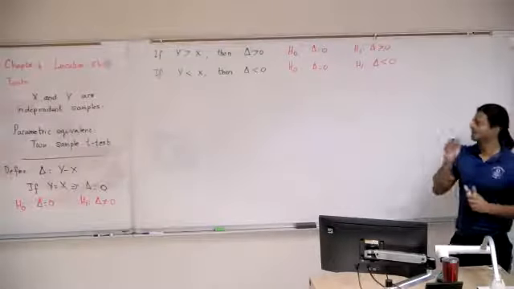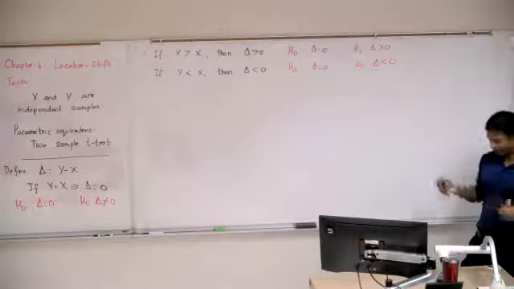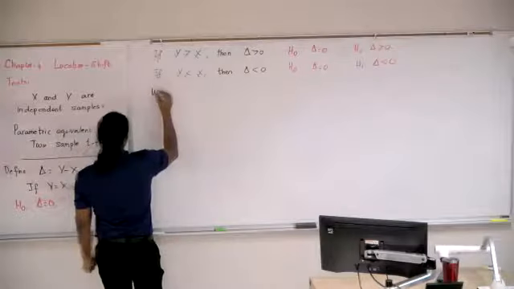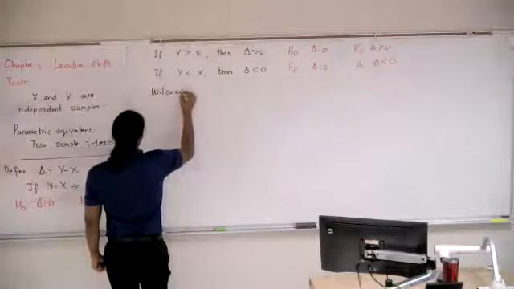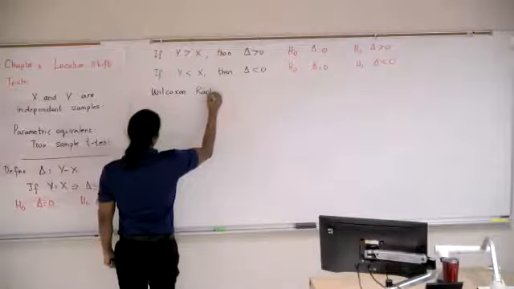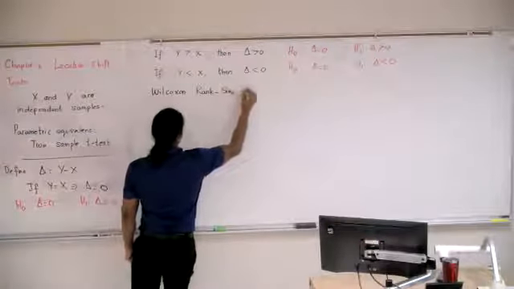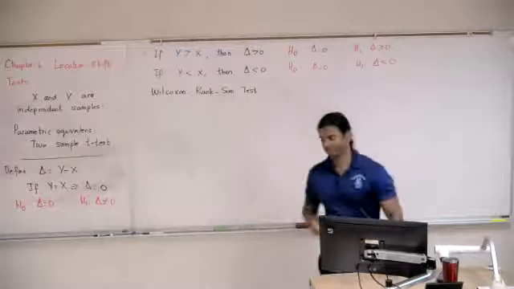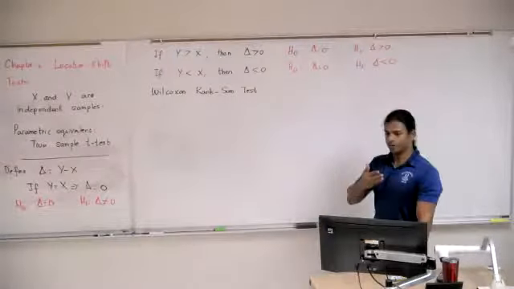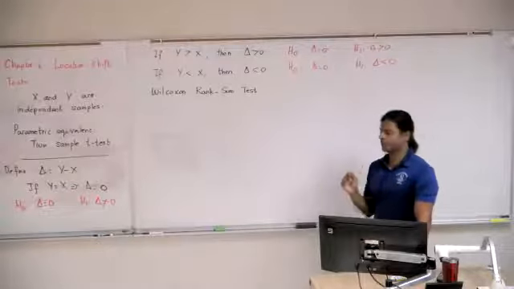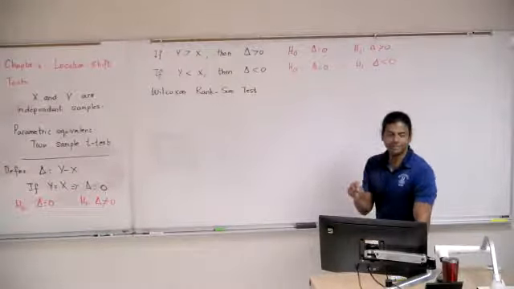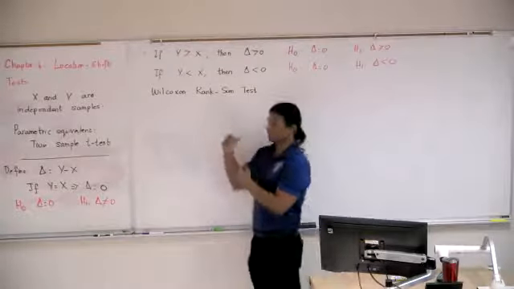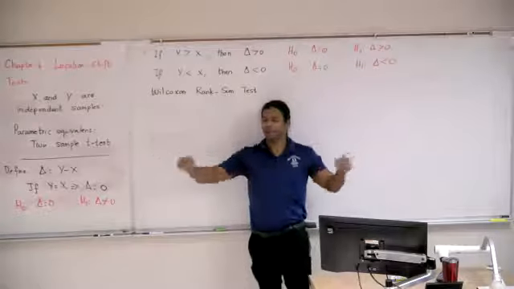Good. The very first test that we are going to do is a Wilcoxon rank sum test. Wilcoxon signed rank was used for paired data, where X and Y are dependent. Same scenario, Wilcoxon rank sum is for independent samples.